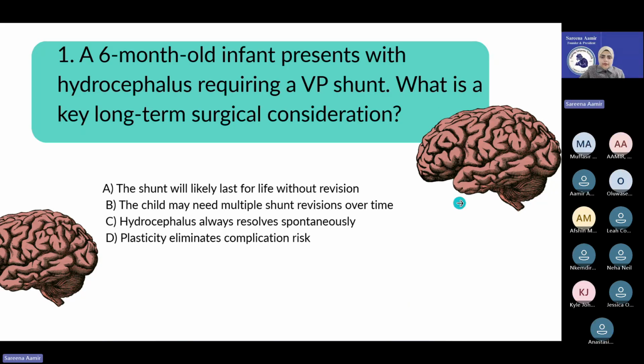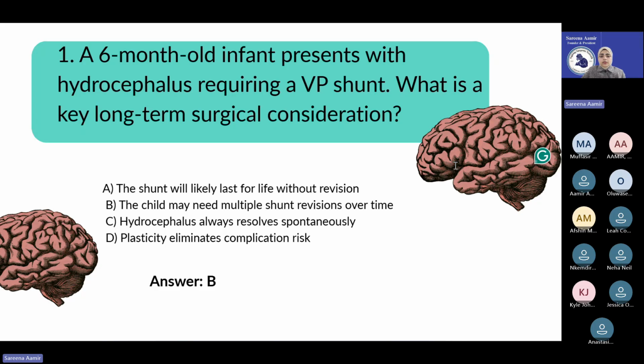Okay, so a lot of people have put B, and that is right. The child will need multiple shunt revisions over time, and this will have an impact on their quality of life after the procedure, because they'll have to miss school for appointments, or it might really have an impact on their mental health, because they would be thinking, why do I have to go to the hospital all the time?